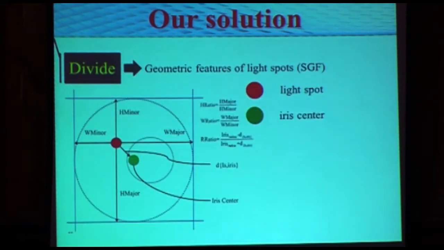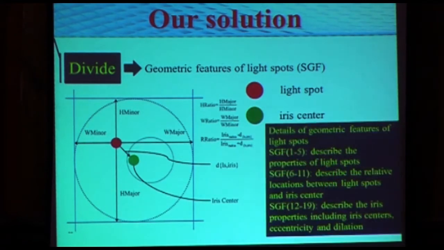After detection, we define the geometric features of the light spot. It means to describe the relationship between the light spot and the iris center. The geometric features of the light spot are listed. They mainly describe the characteristics of the light spot location, the relative location from the iris center, and the properties of the iris.